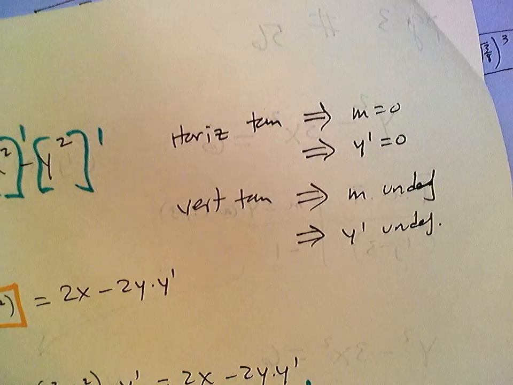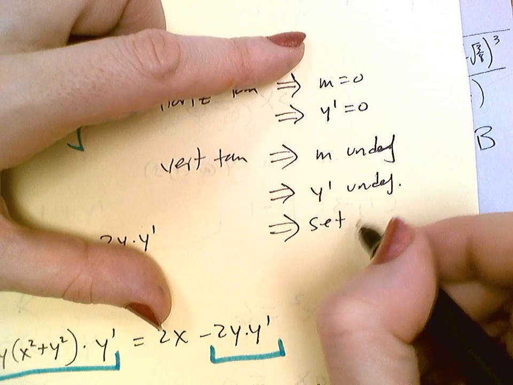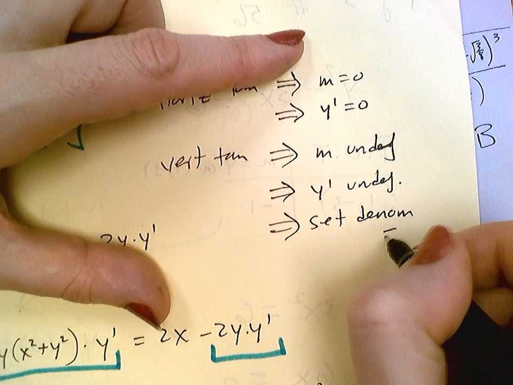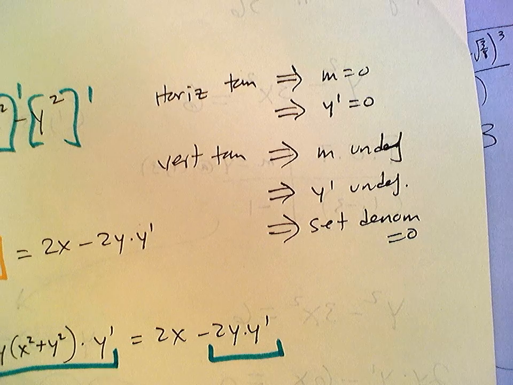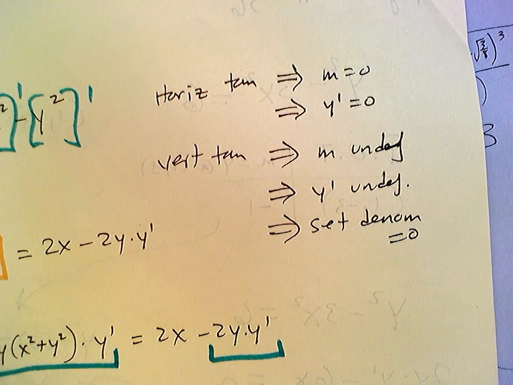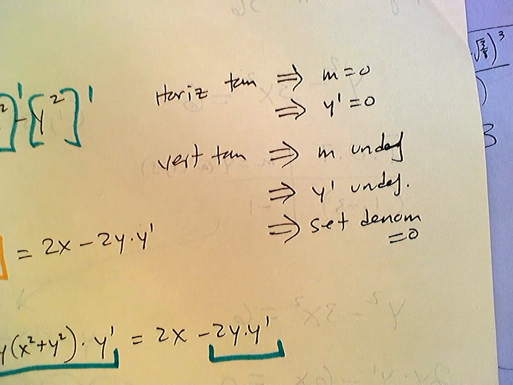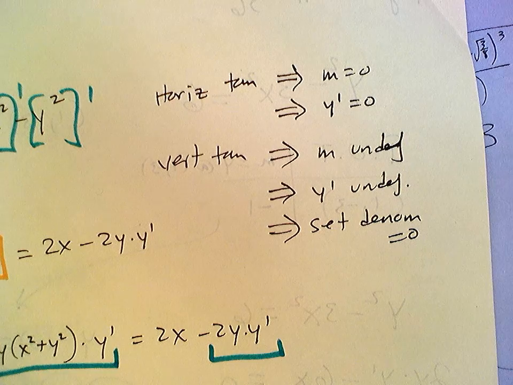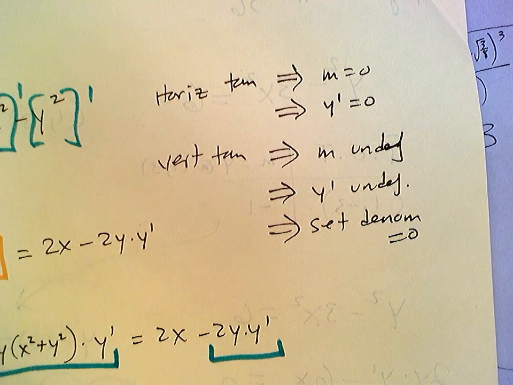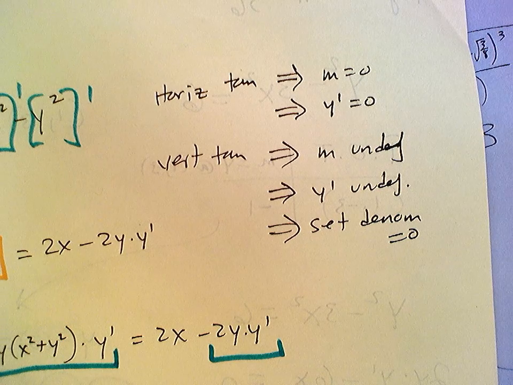You would do very similar work, but instead of the numerator, you would set the denominator equal to 0, okay? I won't ask you both. I won't say find all locations of all vertical and horizontal. I'll just ask you either find the points where a tangent line is vertical, or find the points where the tangent line is horizontal.